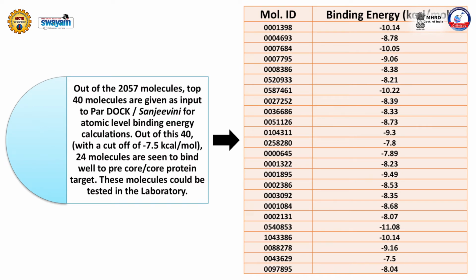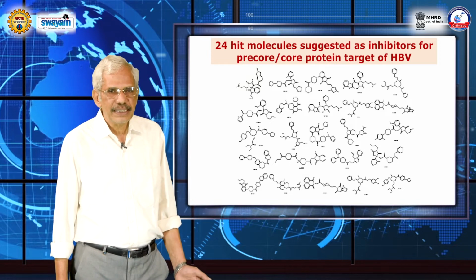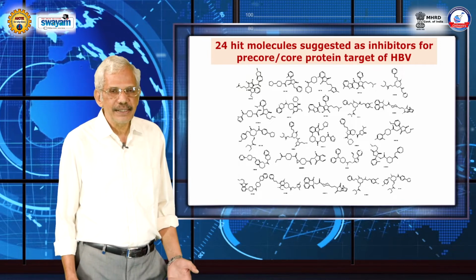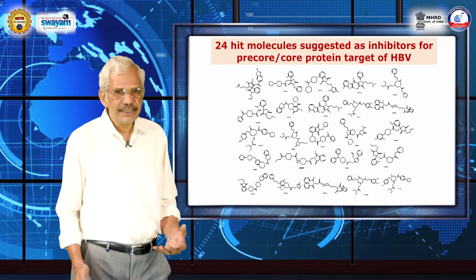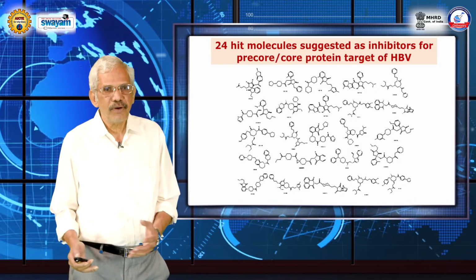Now, when I say atomic level, I'm looking at electrostatic interactions, van der Waals interactions, and hydrophobicity, ensuring that my delta G, my binding free energy, is the highest for the molecule that I'm predicting as a potential or hit molecule. So after the atomic level docking and scoring, that essentially ensures that the hit molecule I have selected is interacting very strongly with the protein target.